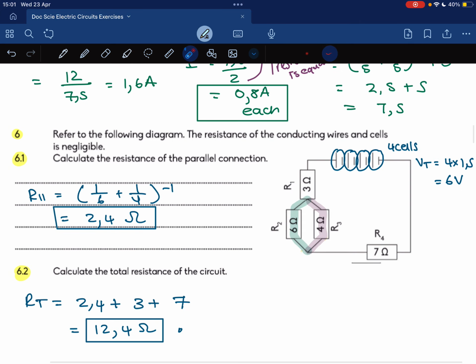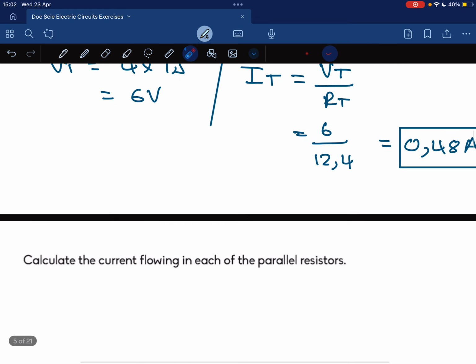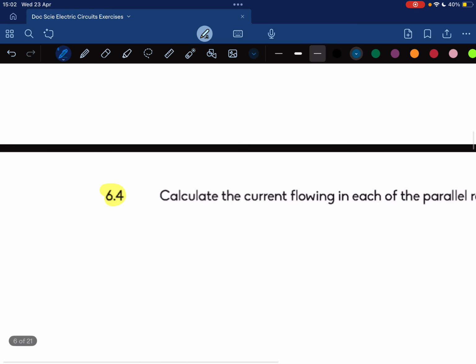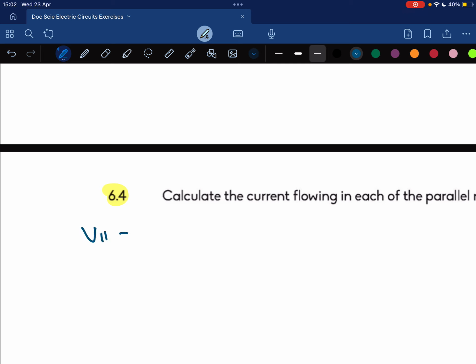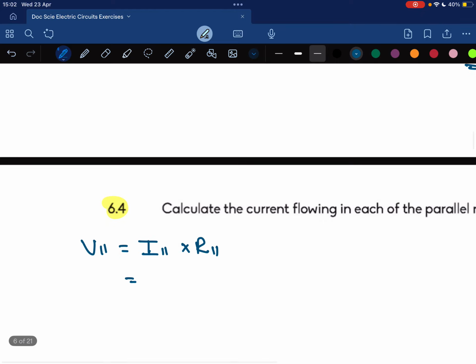I can do that because I know the resistance for this entire portion, and I just found I total. So I know that the voltage over the parallel component is going to be equal to I multiplied by R. Now the I that goes through it is still going to be the total current, 0.48.